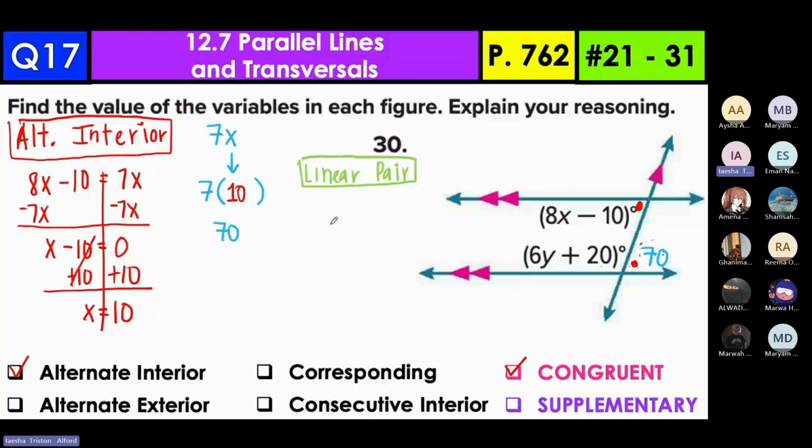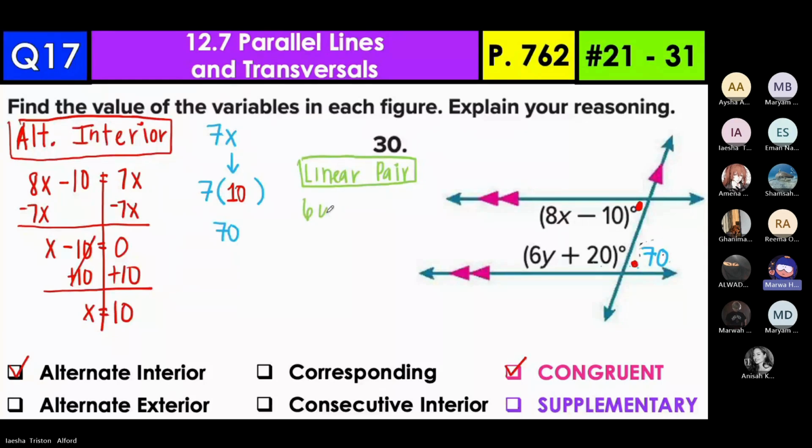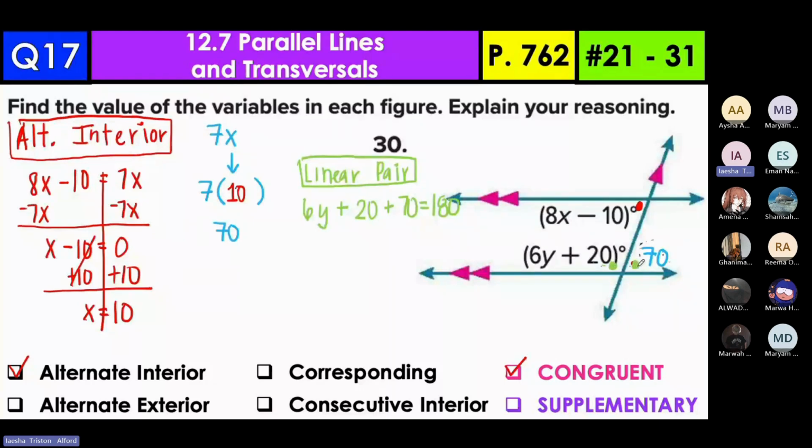What's your equation? 6y plus 20 plus 70 equal 180. So this angle plus this angle is the linear pair.